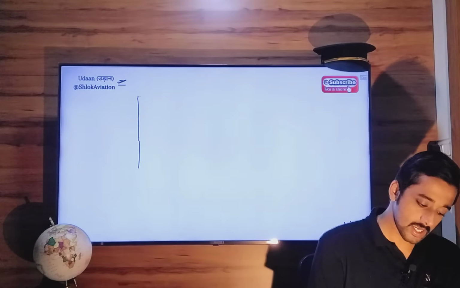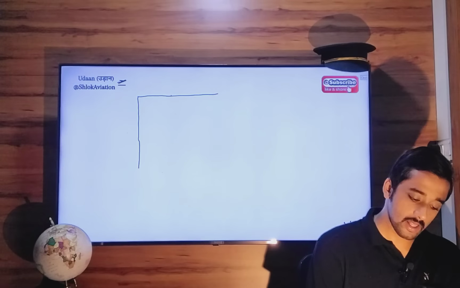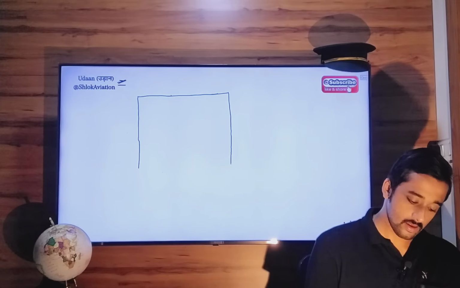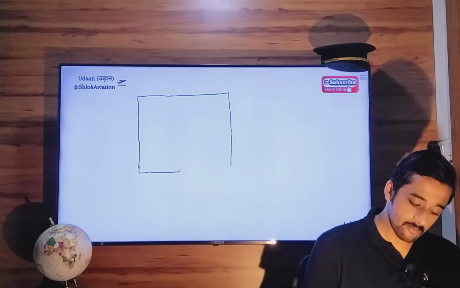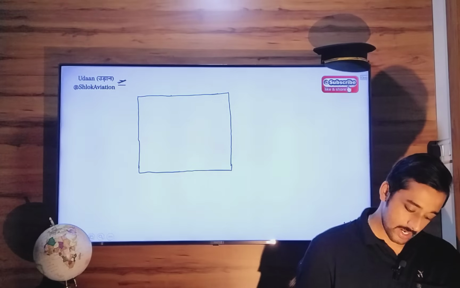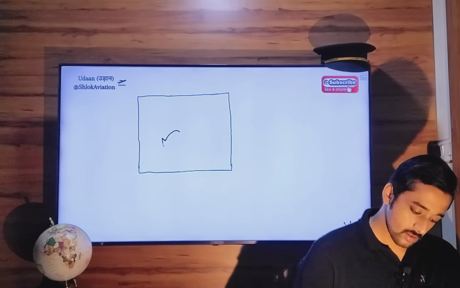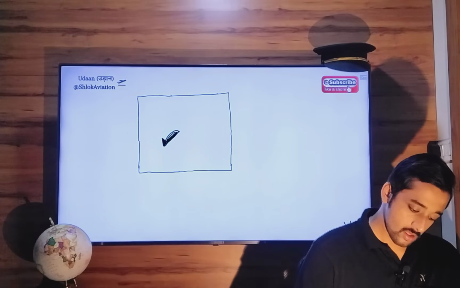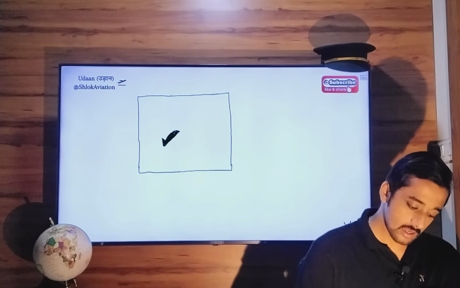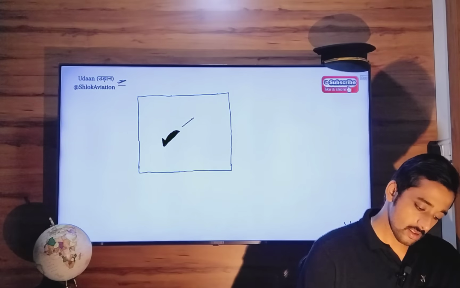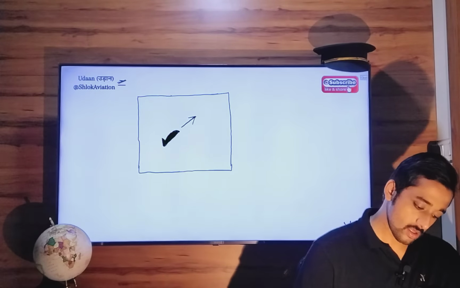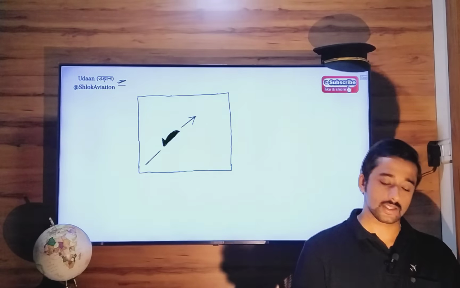Let's say this is that constant isothermal layer air mass, and you are climbing in this particular air mass like this.